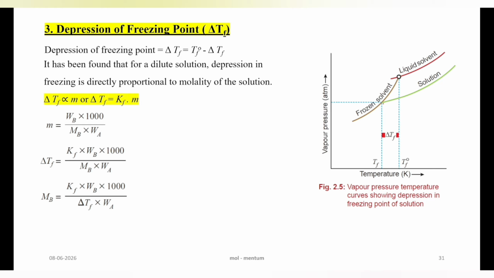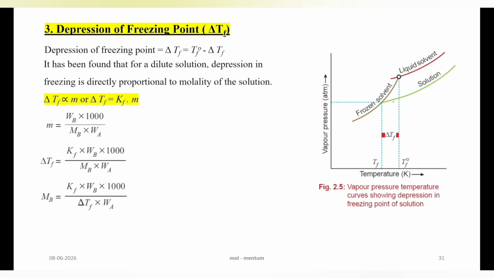It becomes solid at a slightly lower temperature than the freezing point of the liquid solvent. This deviation from this point to this point is the depression, and that is why this difference is represented as delta TF, that means depression in freezing point.